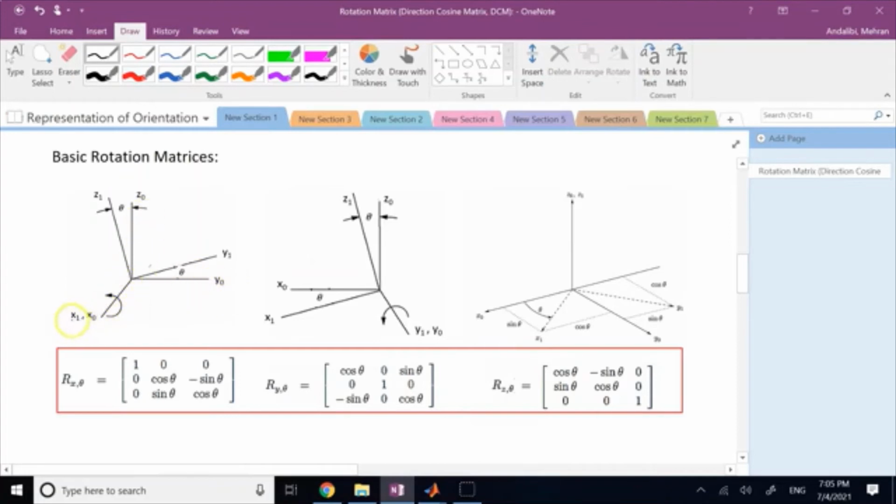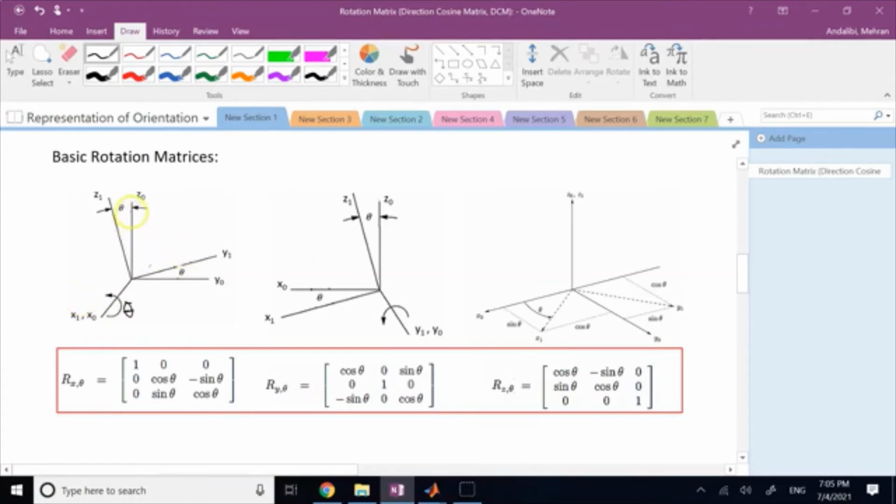So x1 is going to stay on top of x0, but y1 and z1 are going to rotate with angle theta both, and any angle that we say is measured counterclockwise positive. So when we say angle theta, if we want the positive direction, we want it to be counterclockwise.